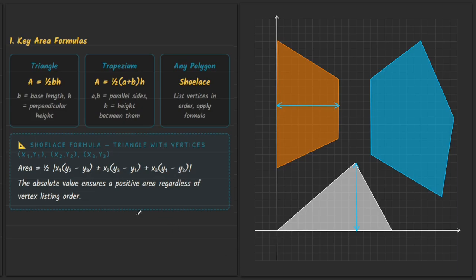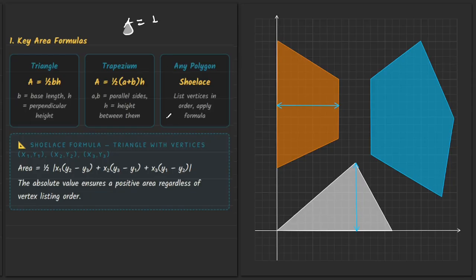For instance, if you take a triangle, you can find its area by multiplying the length of its base times half of the height, or half the base times height, right? So the area of a triangle is simply 1/2 times the base times the height.